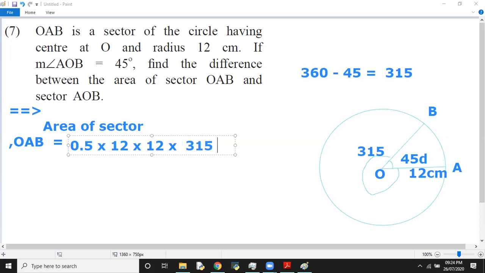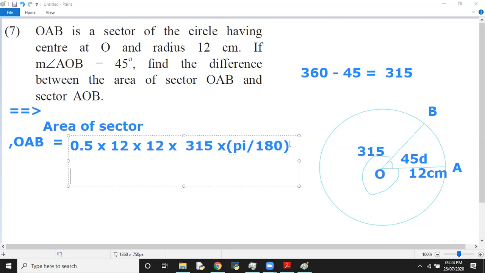But we have to convert it into radian. 315 into pi divided by 180 degree.